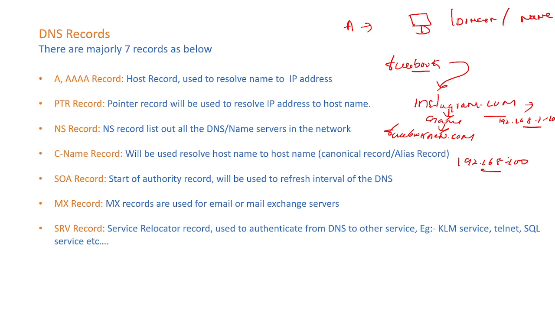For example, see how it happens in the corporate office. Whenever you are building a server or a computer, you will just domain join it. Soon after you domain join it, you are not activating the license manually. There is a service called KMS, key management service. When that service is running in the estate, a record called the SRV record will be created.